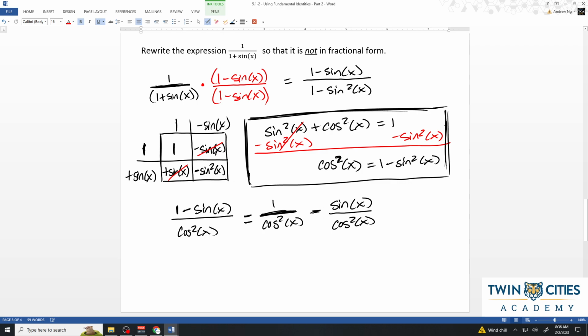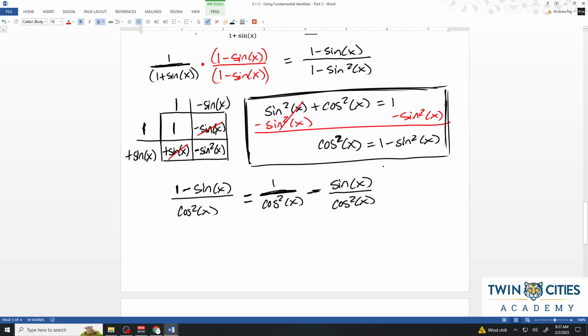So I'm just breaking that up into two fractions now. And I can keep going. I can say that this is the same as 1 over cosine squared of x minus, let's break up the cosine squared in this fraction and say that this is sine of x over cosine of x times 1 over another cosine here.